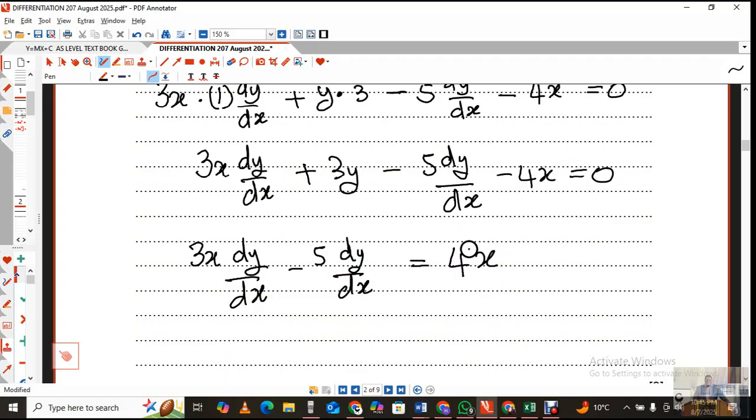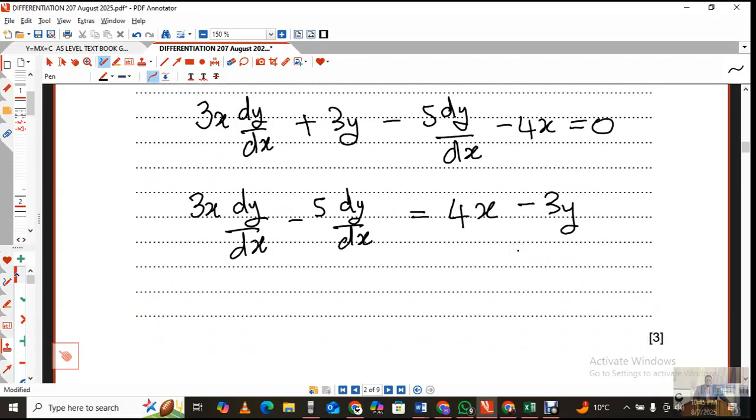That is, you're going to add 4x to both sides and take away 3y from both sides. So let's just factor out what we have over here. So we have got 3x minus 5, that is dy/dx, is equal to 4x minus 3y.